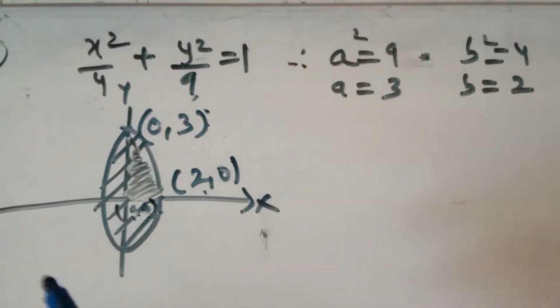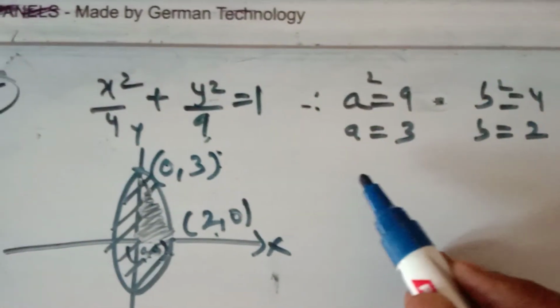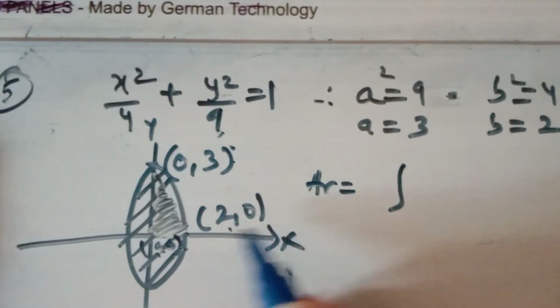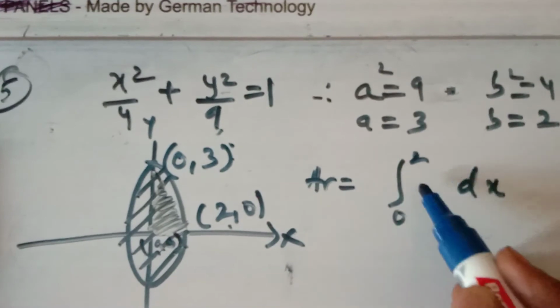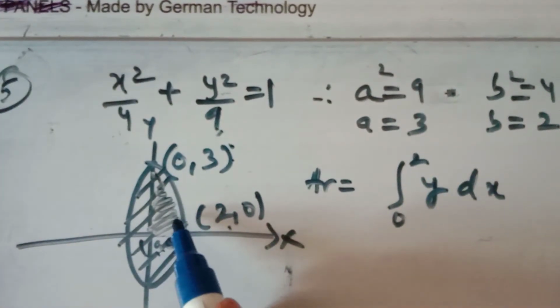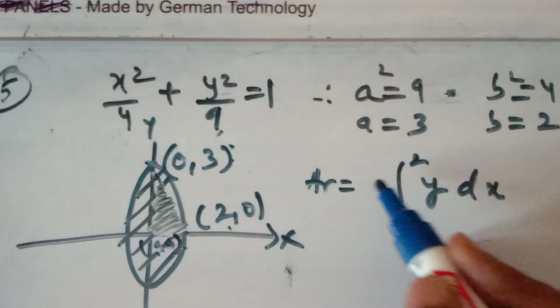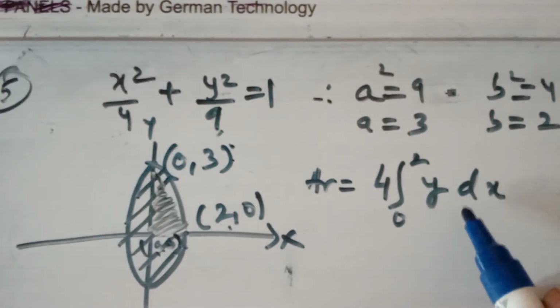Because the area we are finding is touching the x-axis as well as the y-axis. So I am finding with respect to x, so it will be 0 to 2, y dx, and this area denotes the first quadrant, and because you have to find the full area of the full ellipse, you have to multiply by 4 because it is symmetrical in all the 4 quadrants.